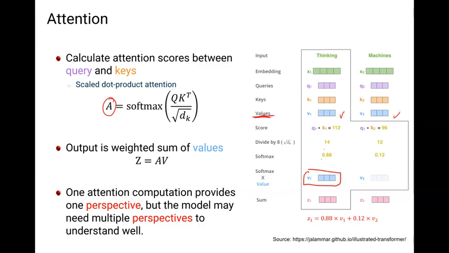We multiply the importance, the weight, with the value vectors, and then add them up together to obtain the final one.